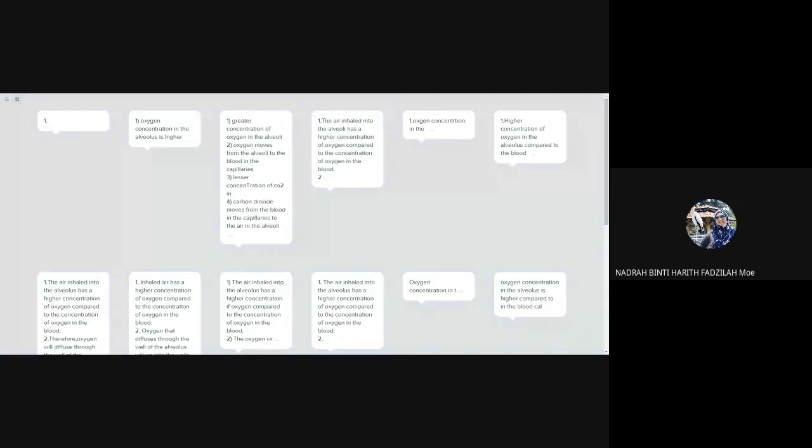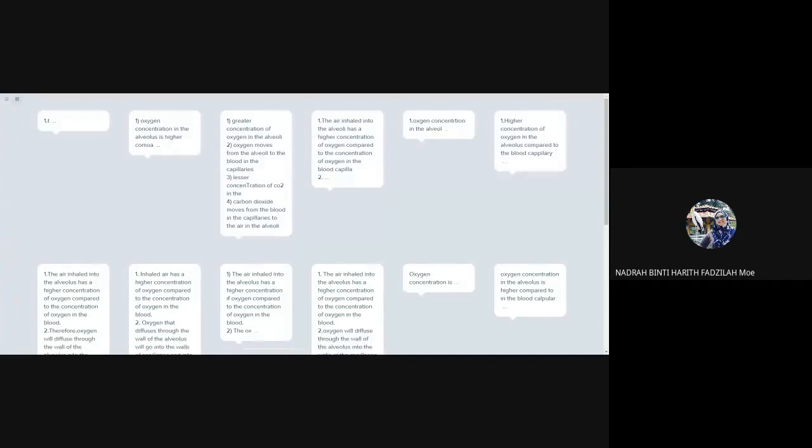Kena bagi tahu structure. Alveolus tu structure. Bila kita nak buat statement comparison, kita kena nyatakan oxygen concentration in what structure is higher than what structure. Blood is not structure sayangku. Blood is a medium. So we cannot make comparison like that.